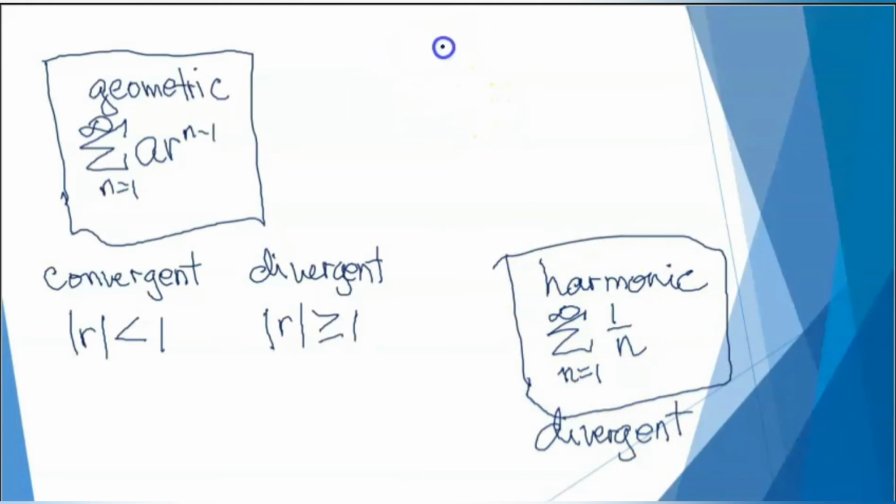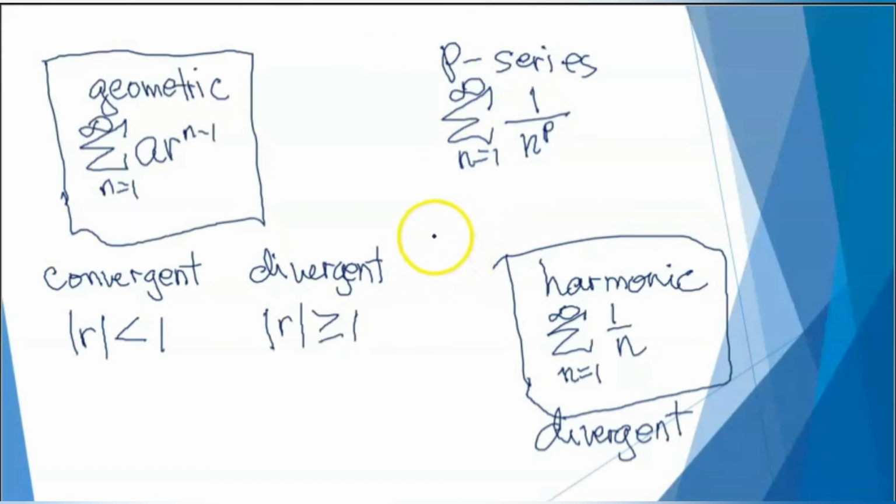We also have the p-series. There are two cases. The first one is convergent. This happens when p is greater than 1, the exponent. So remember, for geometric series, you have to look for the base, which is r.